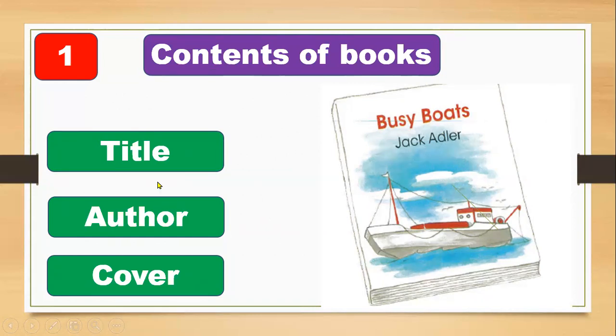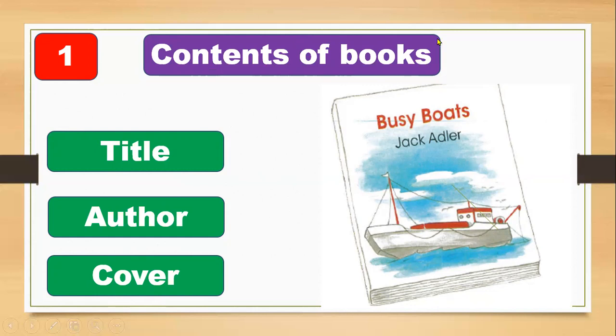So now here are the three contents of any book. Number one, title. Title is the name of the book, Busy Boats. Next one, author. Author means the man who wrote this book. Okay, and now you can read. So the author name is Jack Adler. And this is the cover, the book cover.